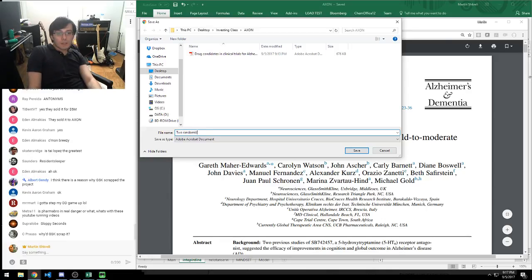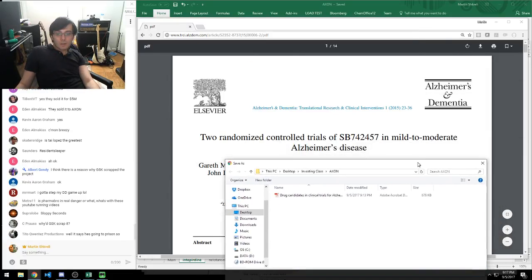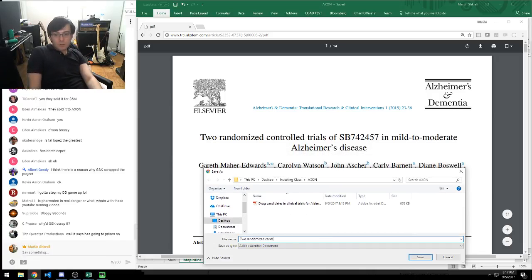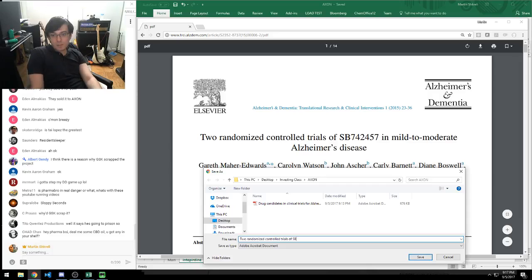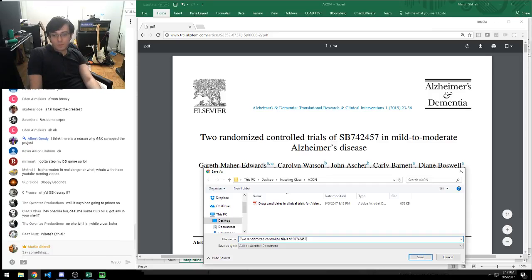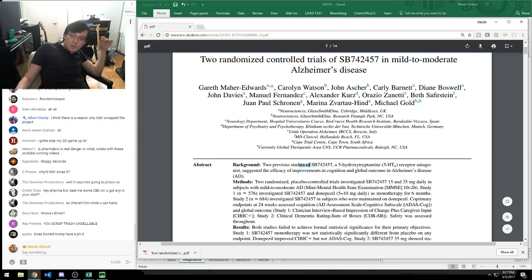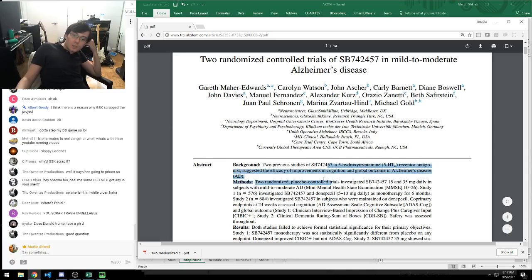Two randomized controlled trials of SB 742457 in mild to moderate Alzheimer's disease, Maher-Edwards et al. 2015. Two previous studies of 457, a 5-HT6 antagonist, suggest efficacy of improvements in cognition and global outcome in Alzheimer's disease. Look at that.